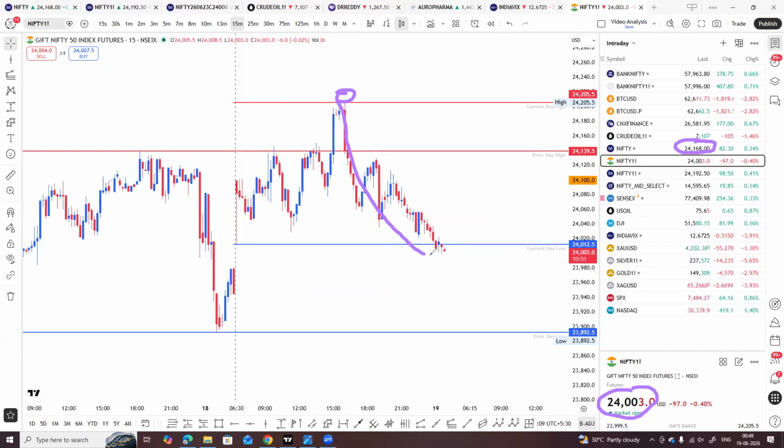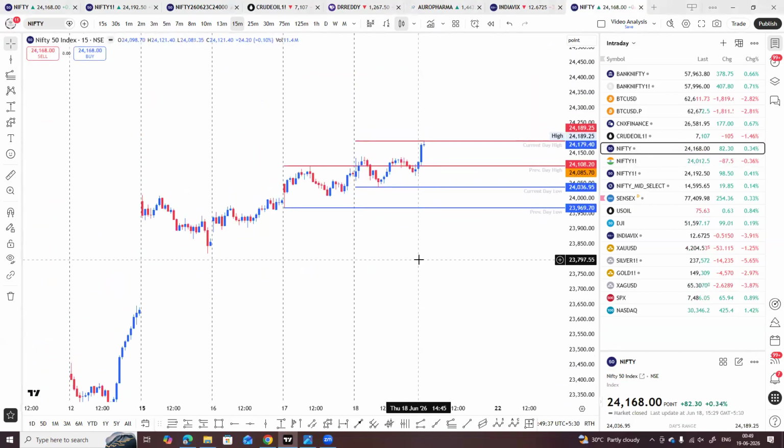So compared to Nifty closing, particularly 24,168, GIFT Nifty is showing weaker overnight sentiment, which suggests a softer opening, and traders should be prepared for a gap down or flat opening.